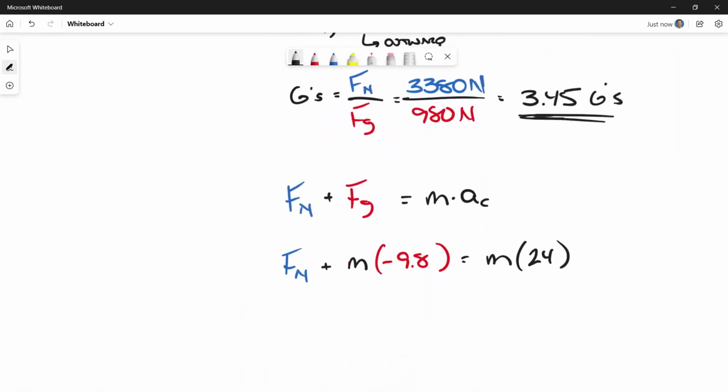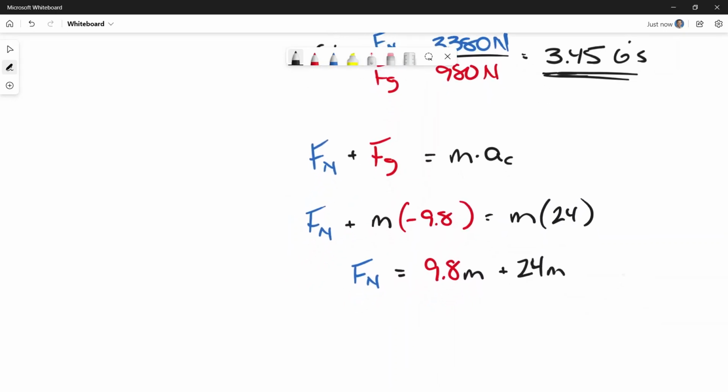And so now you look, you have an equation with normal force and mass. If we solve for the normal force, we would simply add 9.8m to both sides. So you add 9.8 times m, right? I'm adding it to both sides to cancel it out from the left side. I would be adding 24m. And in algebra, we like to put the coefficient in front of the variable, so it just looks prettier.